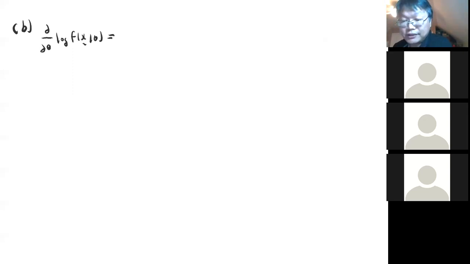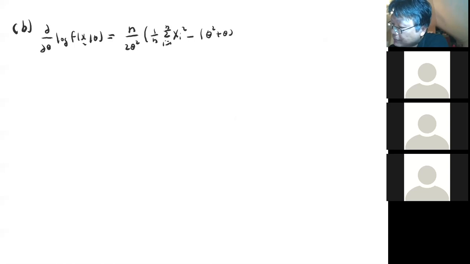Okay, you write your joint PDF like in A. Then you basically end up with n divided by 2 theta square, and then you have your 1 over n summation i from 1 to n, xi squared, minus theta plus theta.